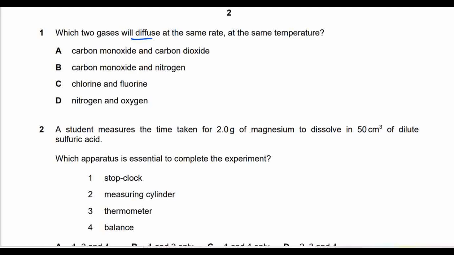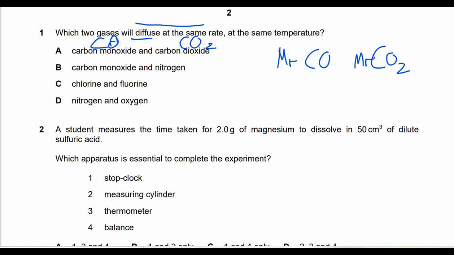Carbon monoxide is CO and carbon dioxide is CO2. The relative masses of CO and CO2 are definitely different, so the rates of diffusion will be different. So A is not the option.